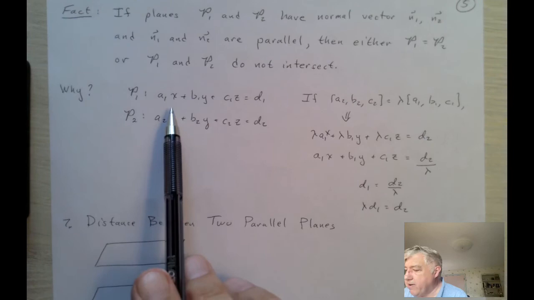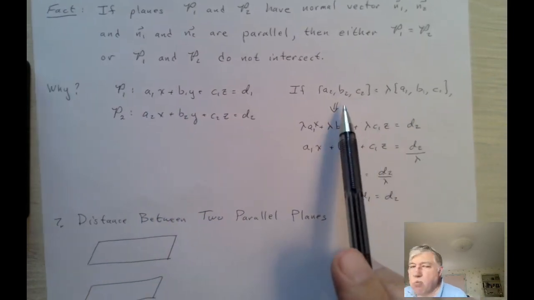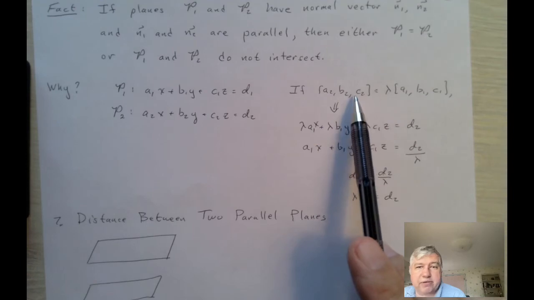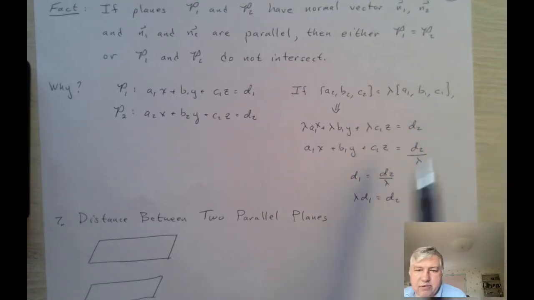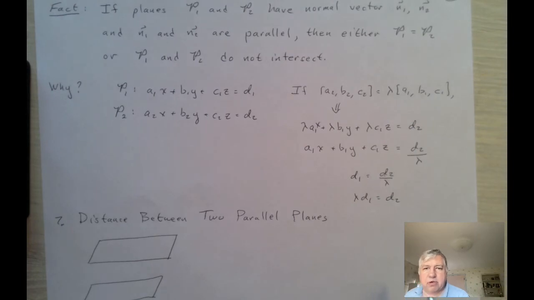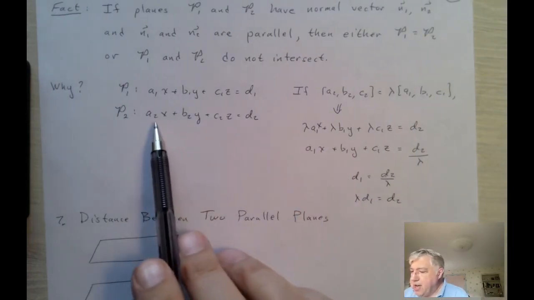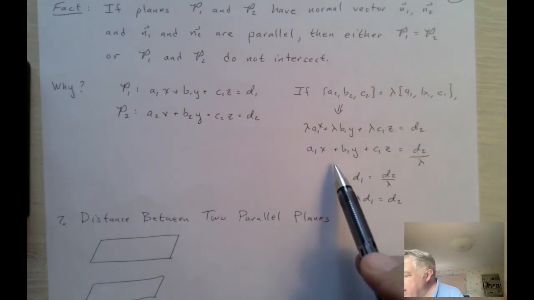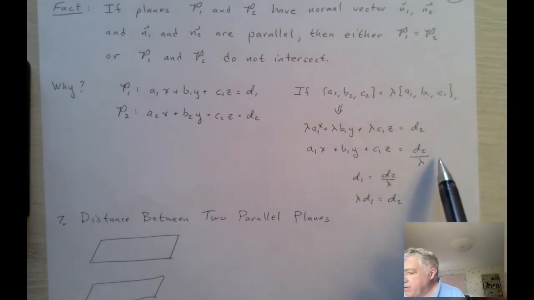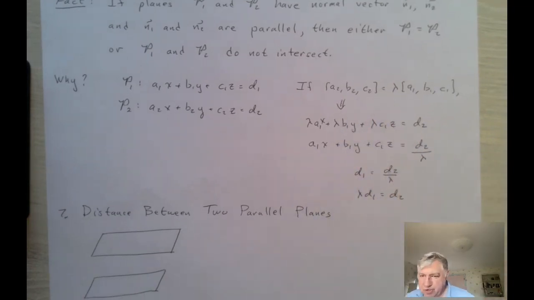If these are the equations of the two planes, and the second normal vector is lambda times the first normal vector, where lambda is any real number, we can do a substitution, and then this second equation becomes this, and we could divide everything by lambda. If lambda is 0, then the normal vectors are both 0, and there's nothing really to talk about.